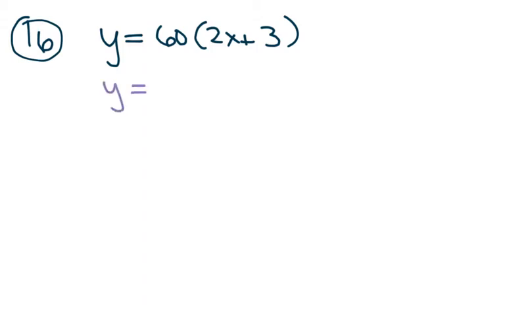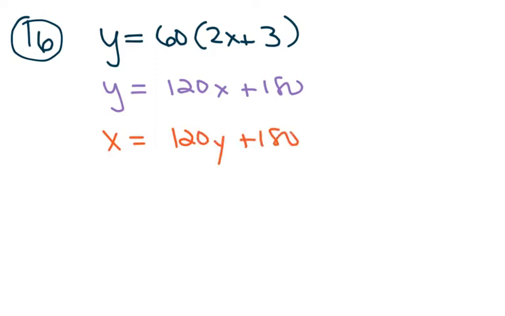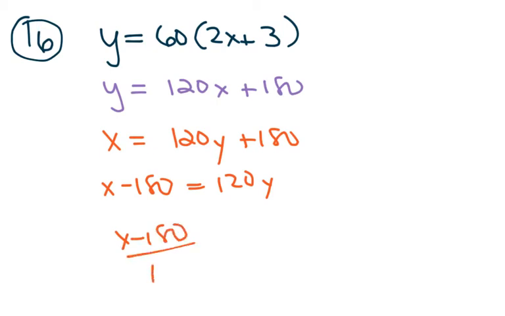So again, it might help you if you distribute it first and then flip x and y and solve for y. So I would subtract 180, and then I would divide by 120. And you can leave the answer like this.